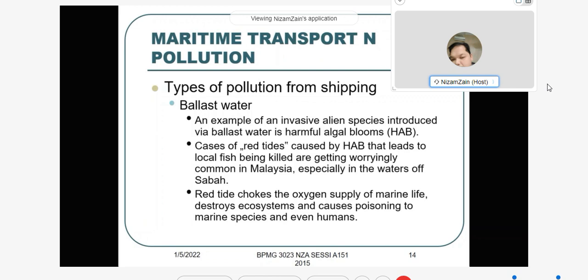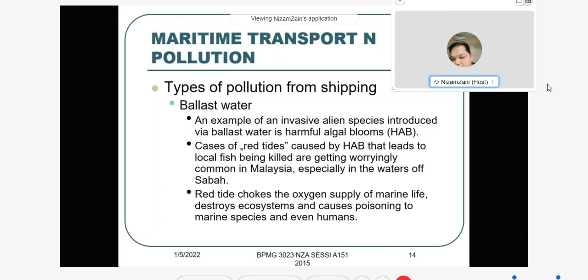Okay, so these red tides are moving around, because their mobility is being influenced by the waves and also the movement of wind. So they're moving around, right?